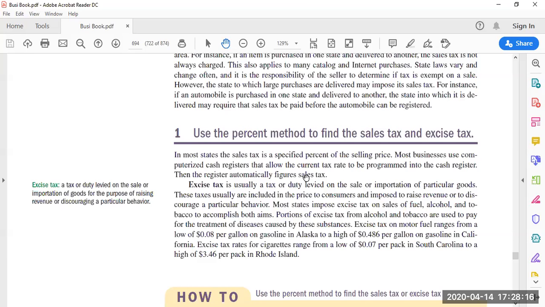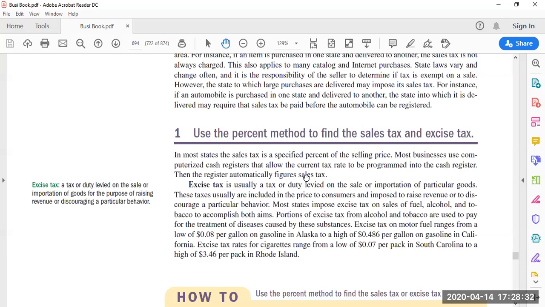For example, cigarettes. Cigarettes have excise tax. The reason being, governments prefer that citizens are healthy. It is understandable that cigarette smoking does cause cancer.